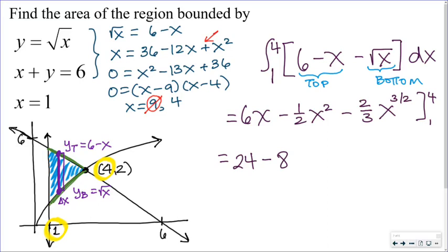This is minus 16/3. And now plug in the 1. Minus 6 plus 1/2 minus 2/3. And when we combine all that, you'll see, what do we wind up with here?